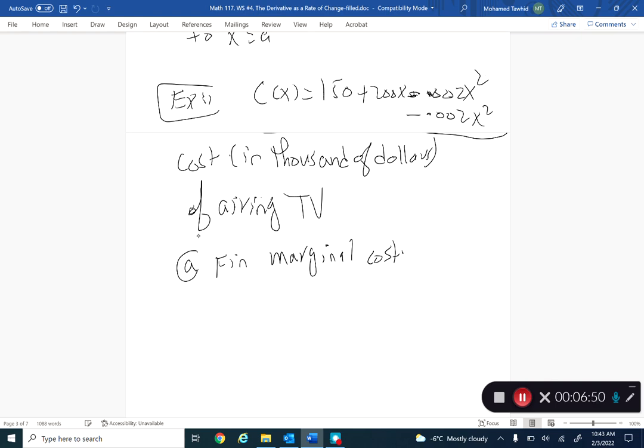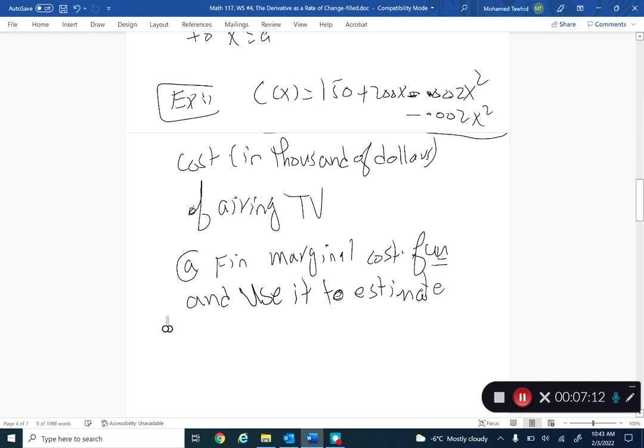Try to find the marginal cost, where the cost function here, and use it. I need to use the marginal cost to estimate how fast the cost is going up.